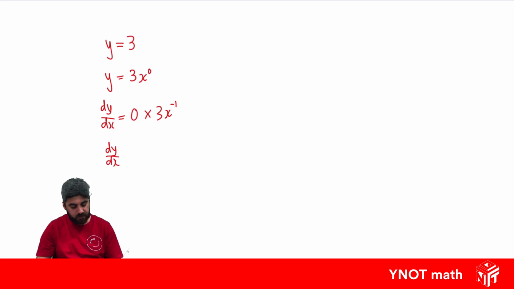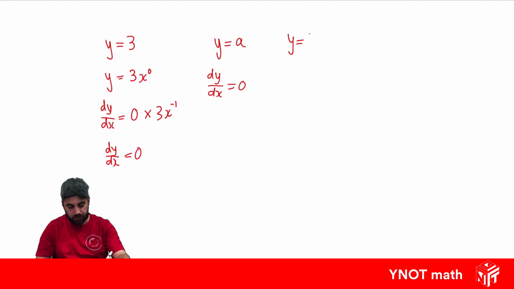So our derivative ends up being 0. And that actually is the case for any constant. The derivative of any constant is actually 0. So we can write this in general expression. So if we have y equals some constant, the derivative is just going to be 0.